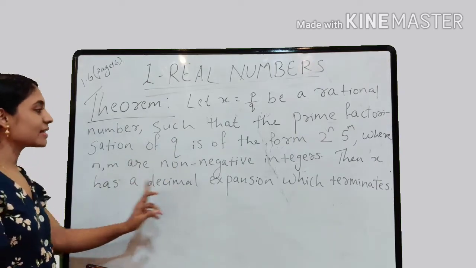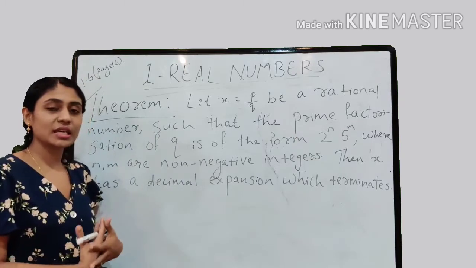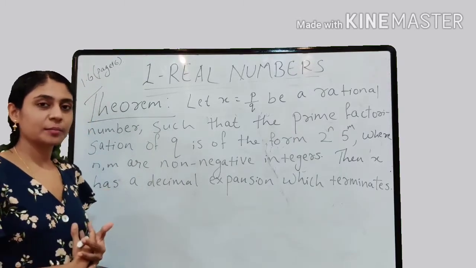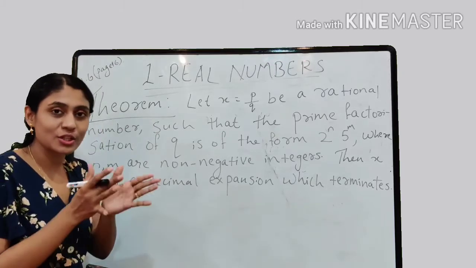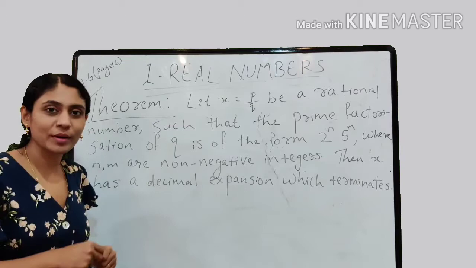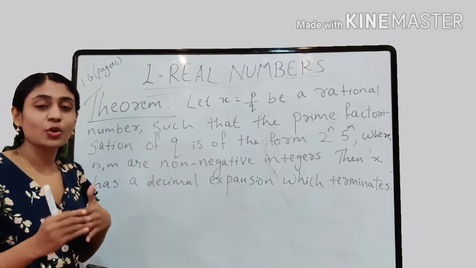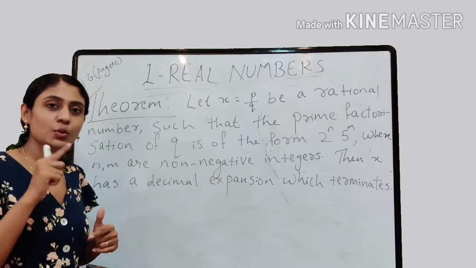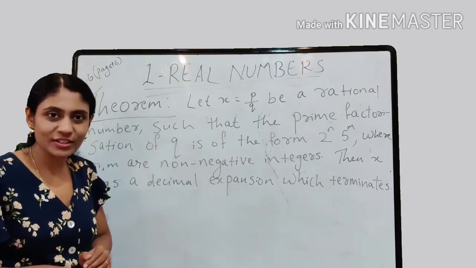Then x has a decimal expansion which terminates. What did our previous theorem say? Let x be a rational number whose decimal expansion terminates. Then x can be expressed in the form p by q, where p and q are co-prime, and the prime factorization of q is of the form 2 raised to n into 5 raised to m, where n and m are non-negative integers, right?